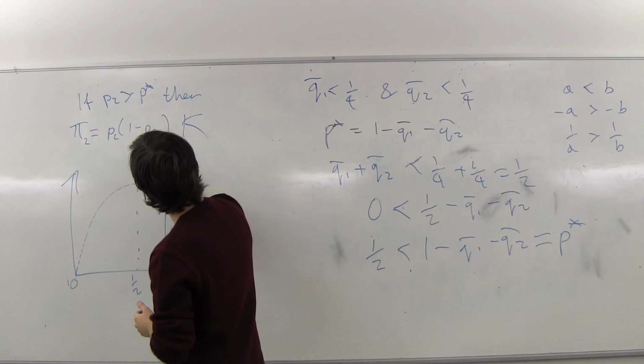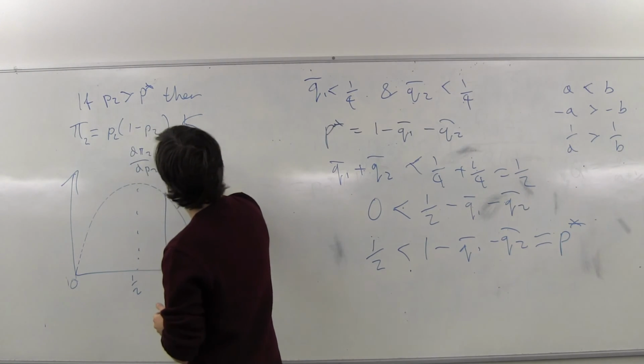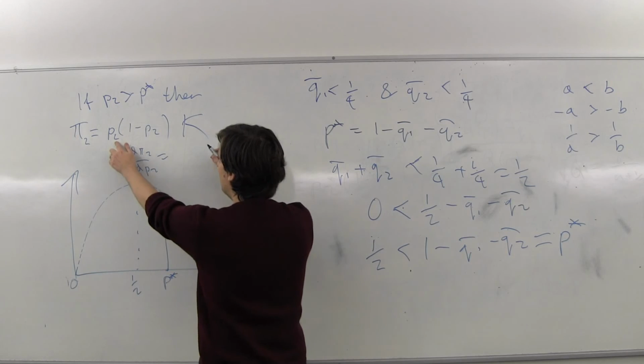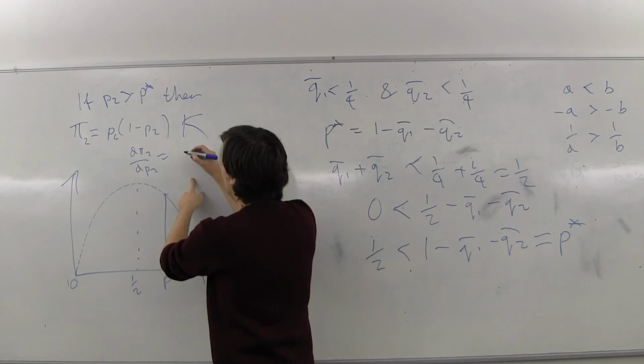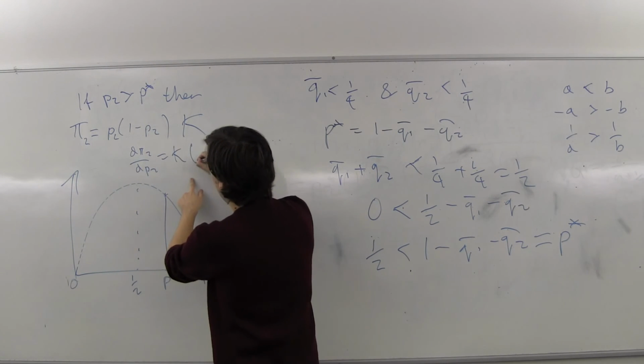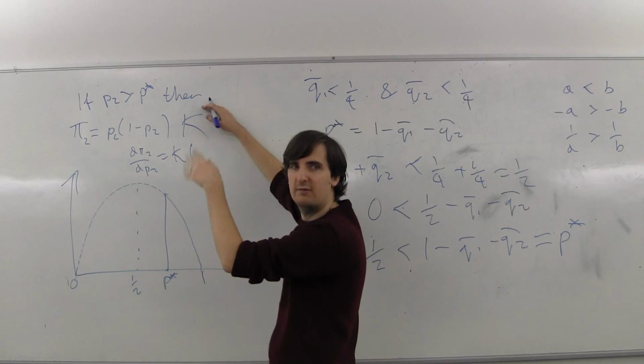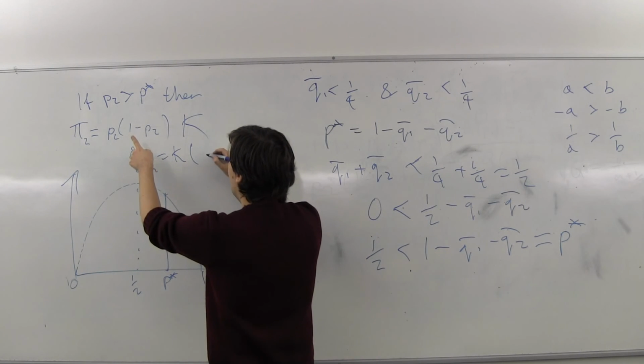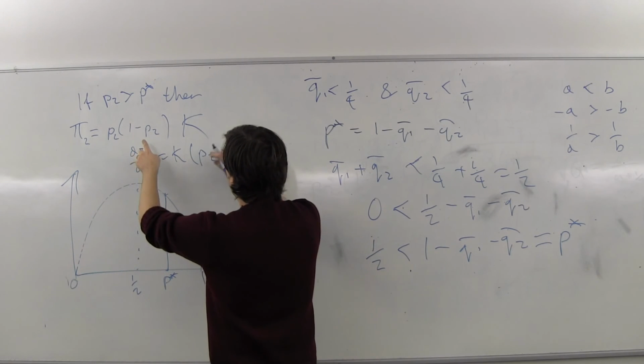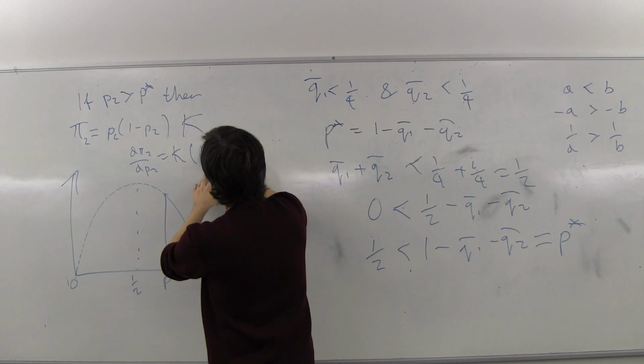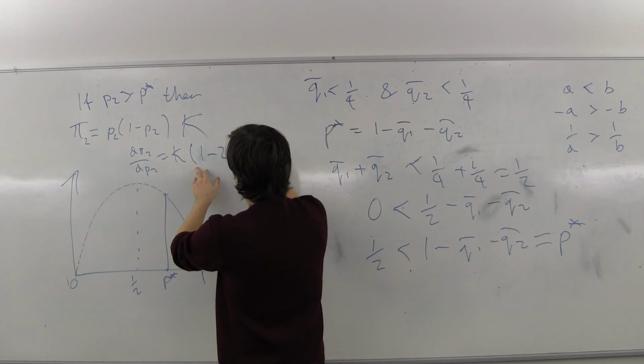So d pi 2 d P2. Well, what's that? This is P2 minus P2 squared, and this is capital K, just the constant, whatever it was. Capital K times P2 times 1 minus 2P2.